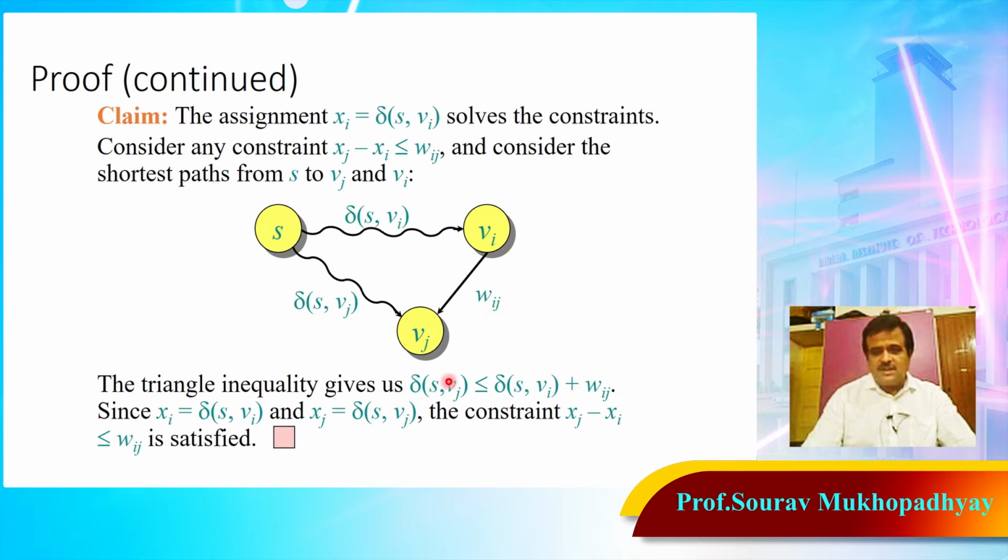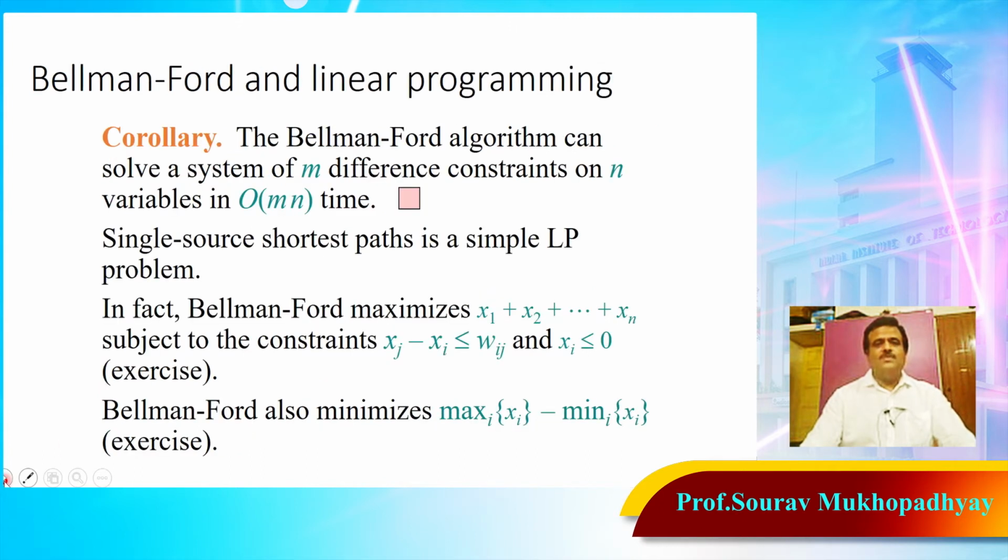So, the delta of S comma Vj, which is the shortest path, must be less than or equal to delta of S comma Vi plus Wij. So, this is basically our solution of these constraints. These deltas are nothing but the solution of these constraints. So, that is the proof.